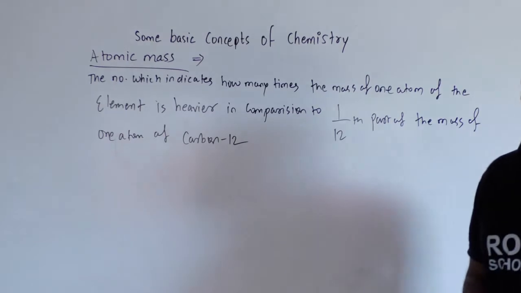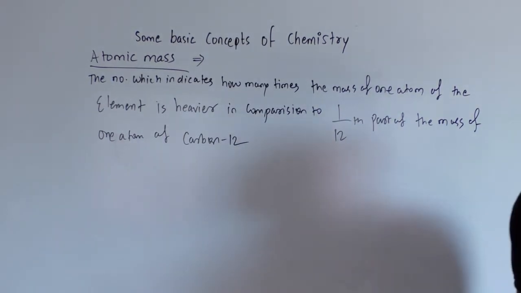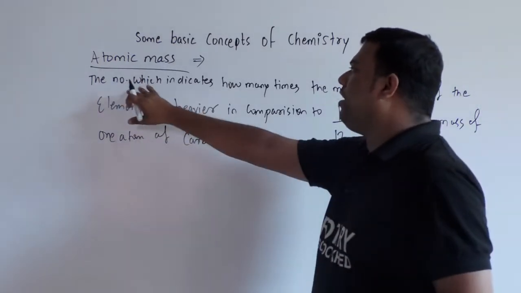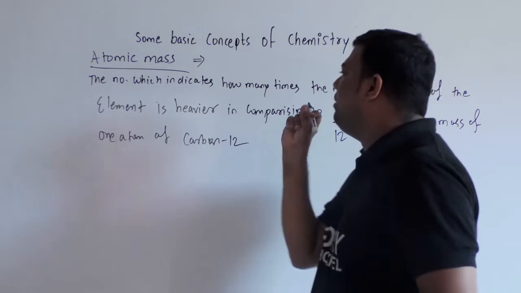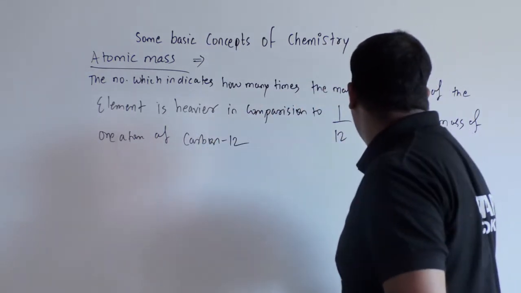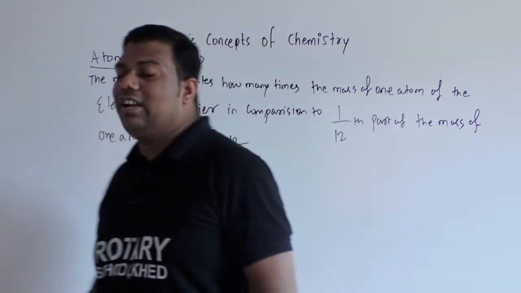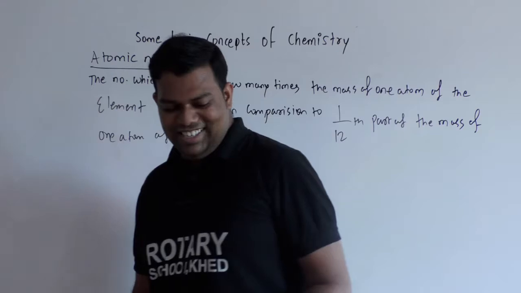Okay, so beta, carefully you have to concentrate on this definition. The number which indicates how many times the mass of one atom of the element is heavier in comparison to 1/12 part of the mass of one atom of C12. Okay, so we will discuss now.